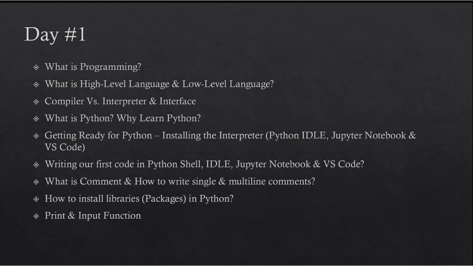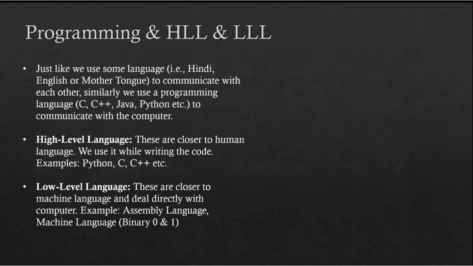First, we are going to go through what is programming. Basically, when we want to communicate with anyone, we need some language. If I am here and you are in a call, we are using the English language to communicate with each other. Similarly, a program needs some language to communicate.